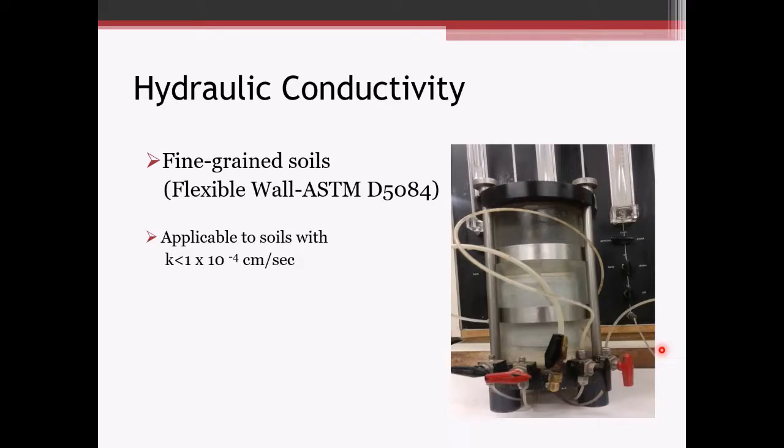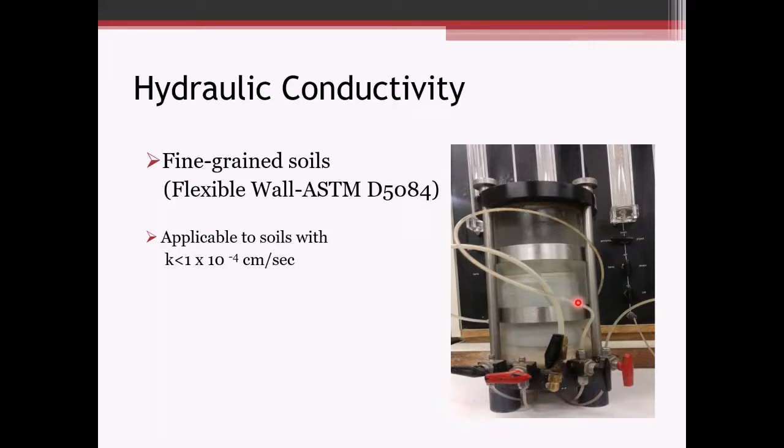The flexible wall test is for fine grained soils. As I mentioned, this is typically performed for landfill projects or earthen dams where low permeability soil is required. In this test, the sample is placed in a flexible membrane, and then the outer chamber is filled with water to a confining pressure.